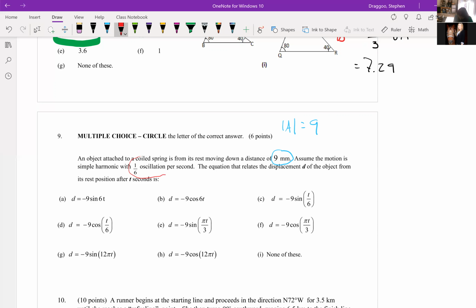This 1/6 of an oscillation per second means that the period should be 1 divided by 1/6, which is 6. So B is equal to 2 pi over 6, which is pi over 3.